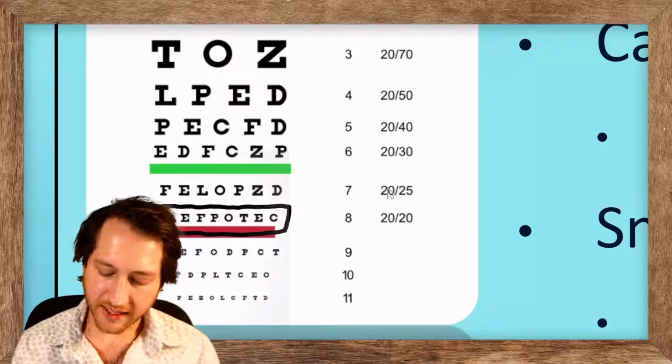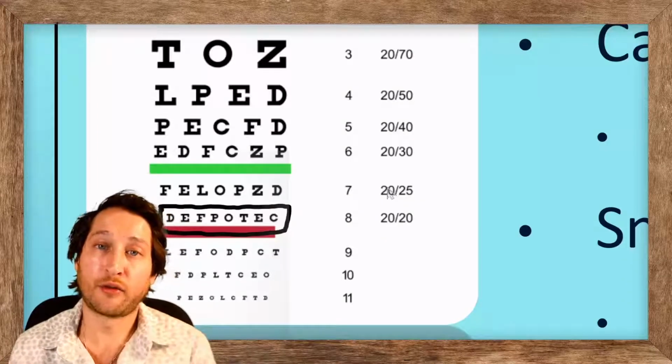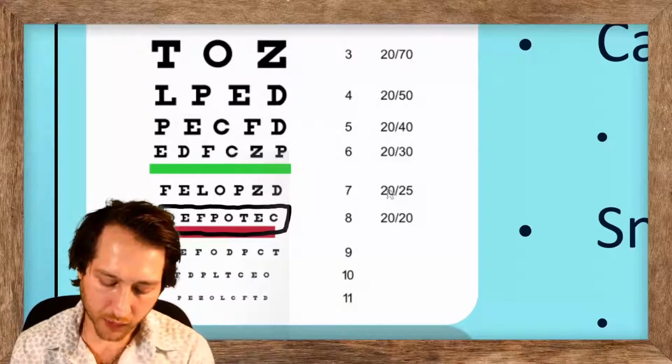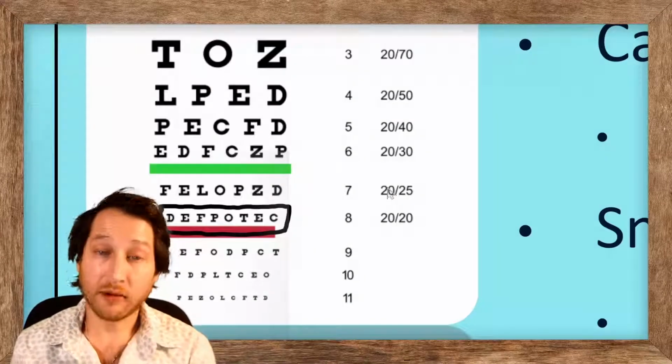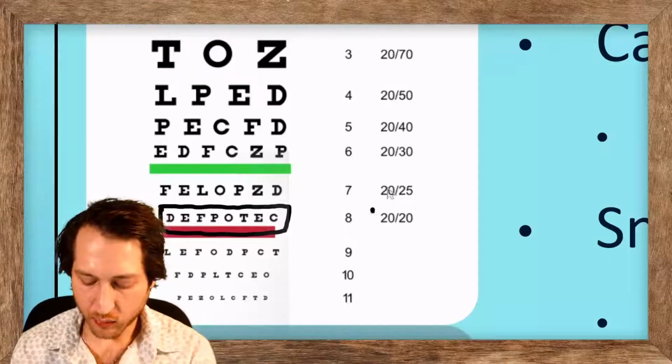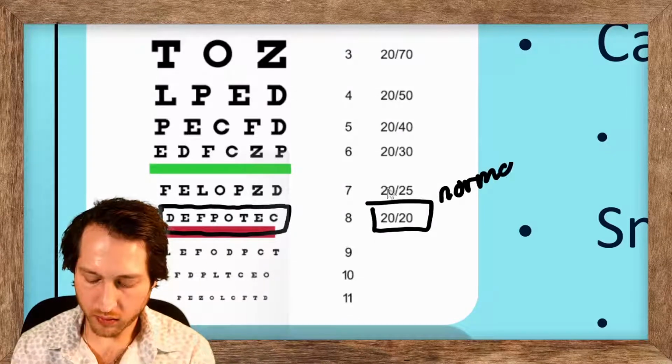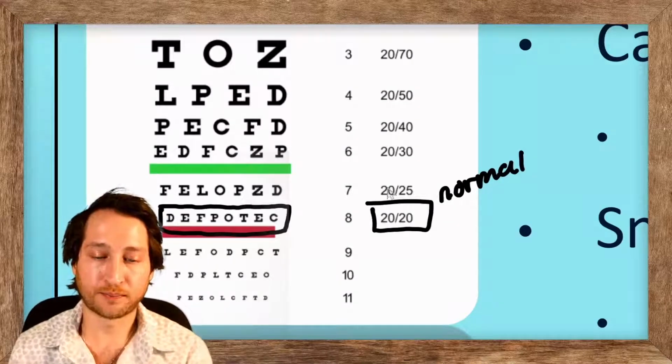And so that's 20/20. And that means that if a person is standing 20 feet away and can read those letters, but not the ones below, and then everything above, that person would be considered to have normal or 20/20 vision. Okay?